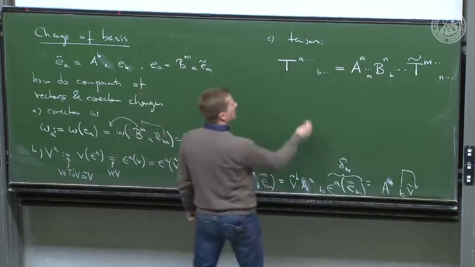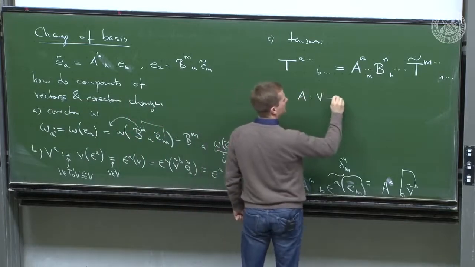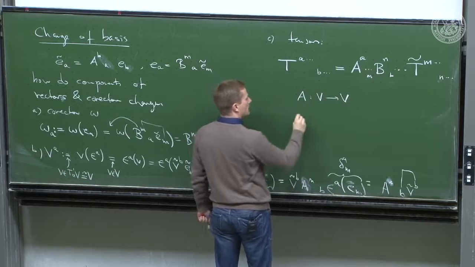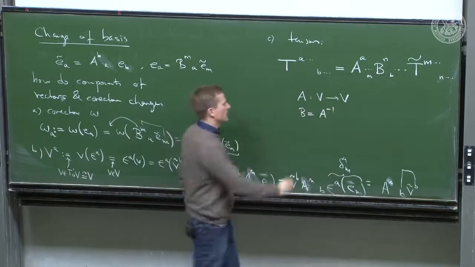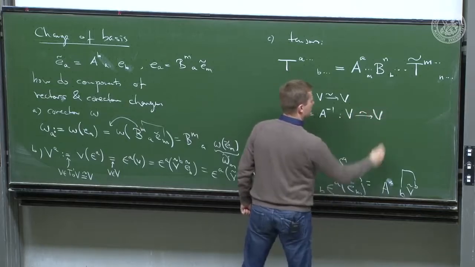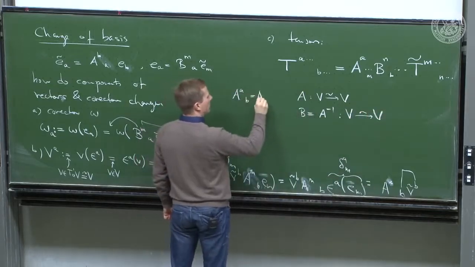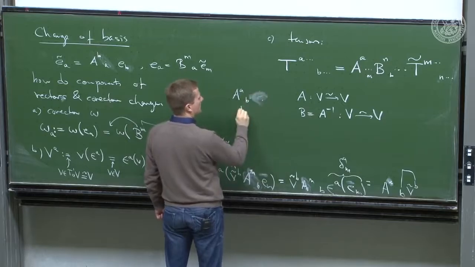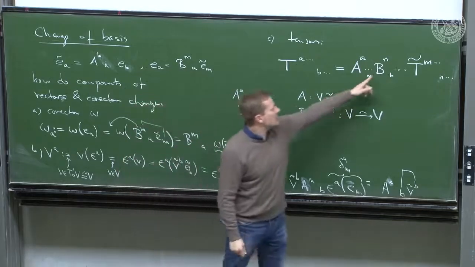And we always remember that if A is a linear map from V to V, which it is, then B is the inverse of A. That's well defined. We know what that is. That's also a linear map from V to V. And A, B are just the components of A. And B, A, B are the components of B, and those are the guys I'm talking about.